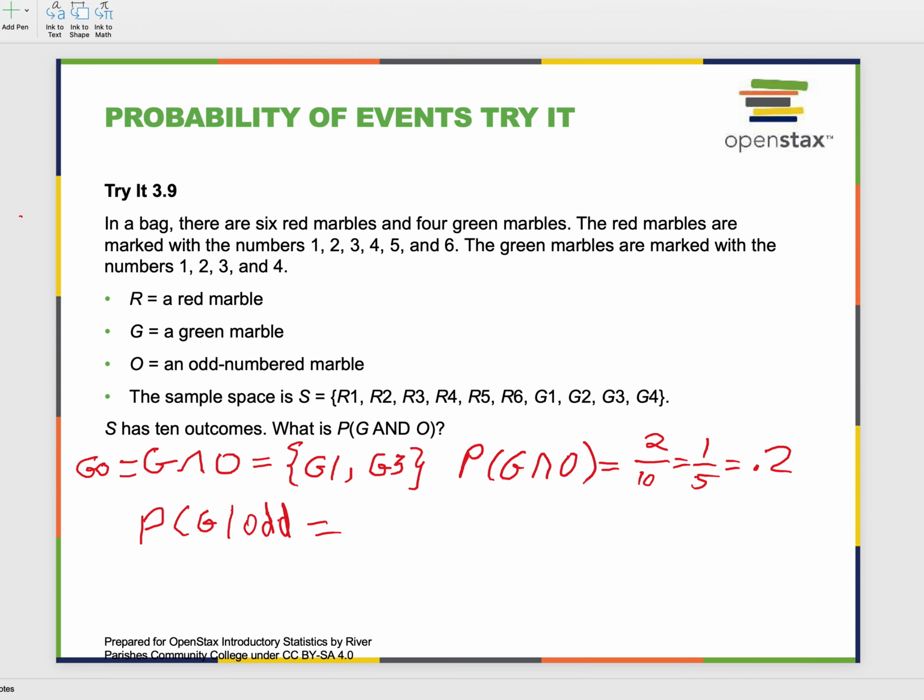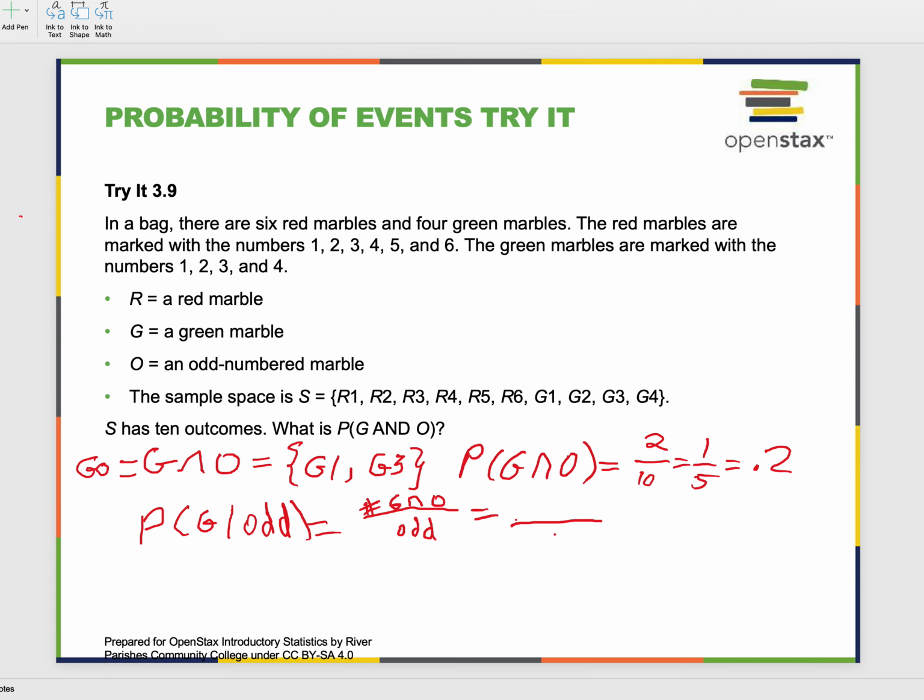Odd. Okay. So how many ways can I get green and odd, divided by how many ways can I get odd? So how many odd ones are there? 1, 2, 3, 4, 5.